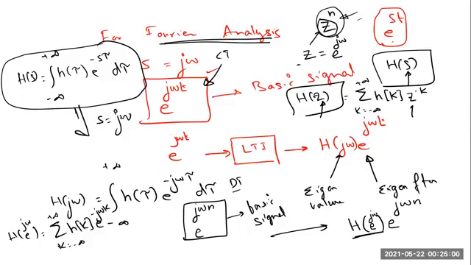Now let's take a simple example to see the application of this complex exponential thing. So let's assume that there is a system whose input output behavior is like this. y of t is x of t minus 3.